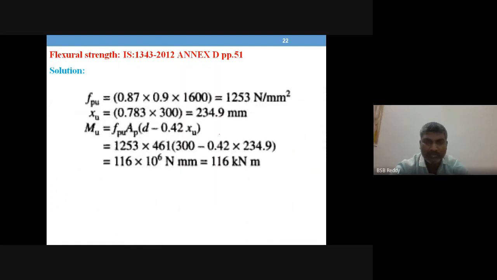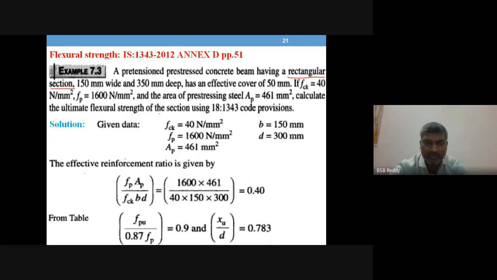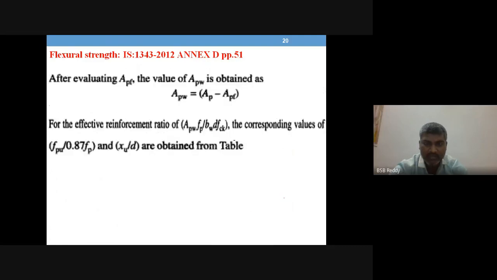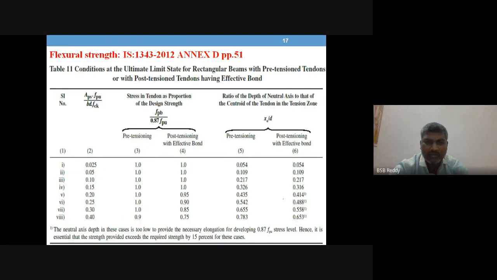To read it from Table 11, you first have to calculate the effective reinforcement ratio, and for that ratio you read these two values from Table 11, columns 3 and 4, and columns 5 and 6, which are the two columns for pre-tensioning and post-tensioning members.